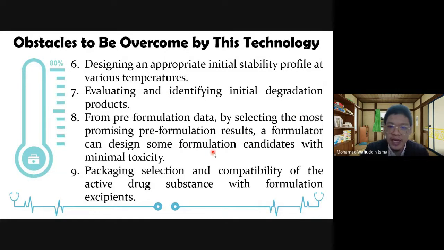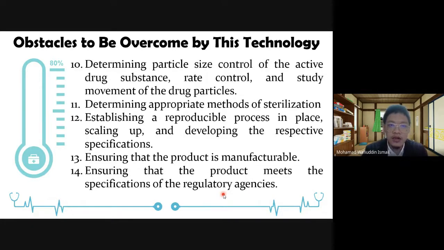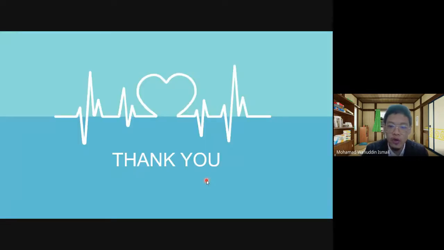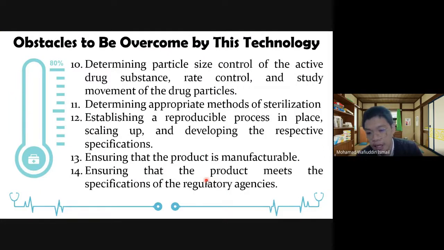The formulation can be designed, and then packaging selection and compatibility of the active drug substance with formulation excipients, determining particle size control, determining an appropriate method of sterilization, establishing a reproducible process, ensuring that the product is manufacturable, and ensuring that the product meets the specifications of the required regulatory agencies.